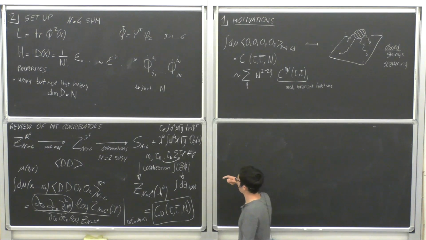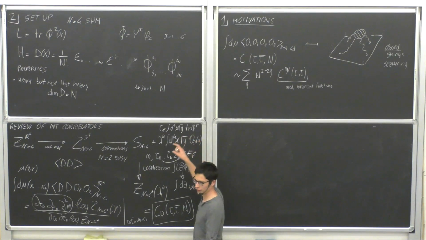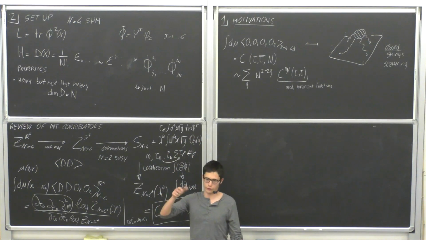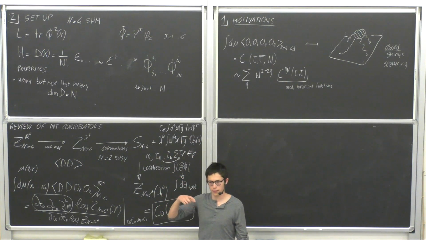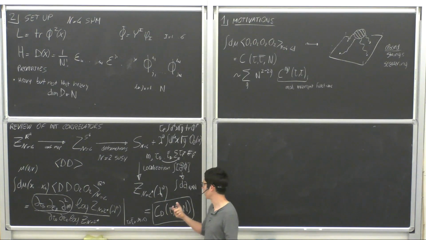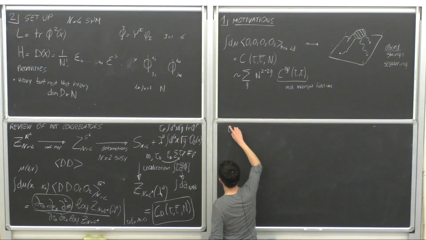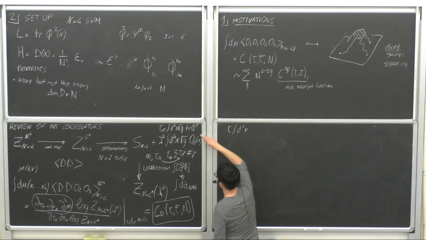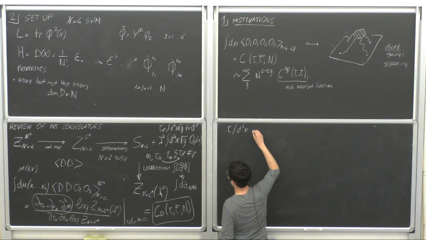Yes, I mean you are not exactly inserting this. You have to exploit the full supersymmetry. These are part of supermultiplets. It's the same story. Let's do it for the simplest case, tau or tau bar. This is actually associated not to trace of phi squared, but to the chiral Lagrangian.